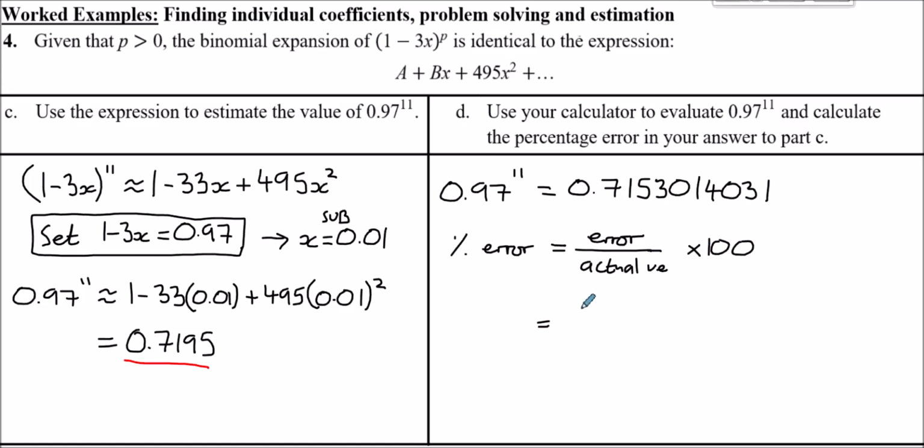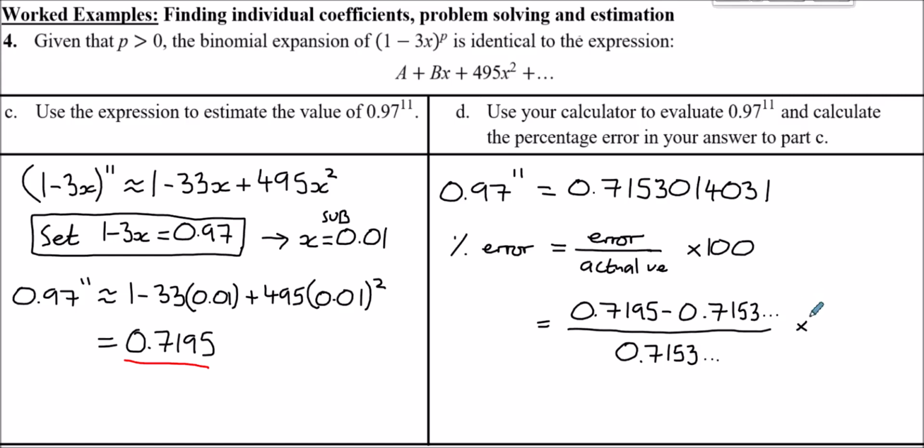So 0.7195 was our estimate, minus away from that the real thing, which is 0.7153 and so on. Divide that by the actual value, which again is this 0.7153 figure here. And all that multiplied by 100.